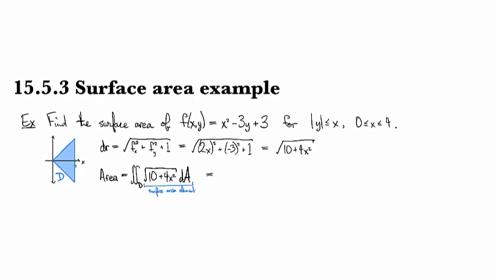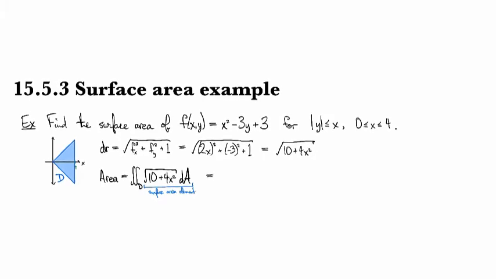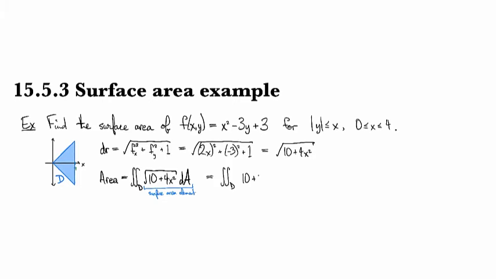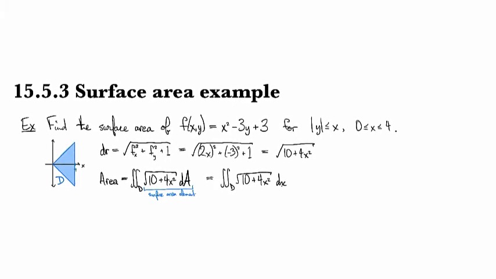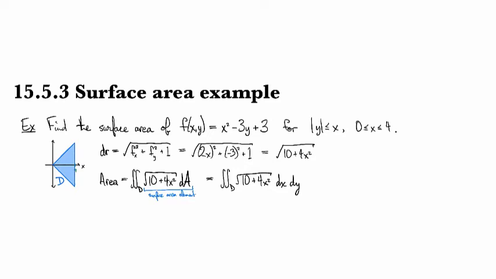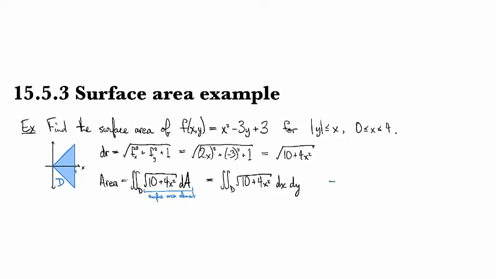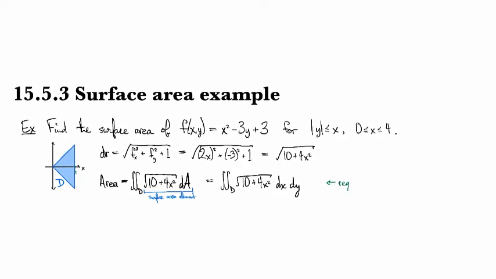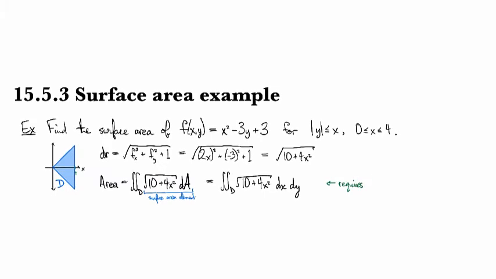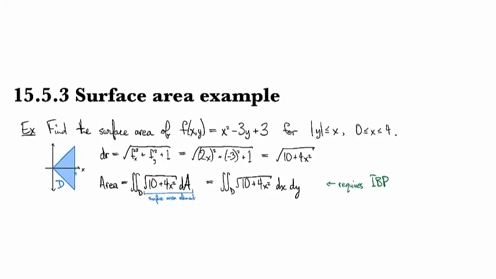Now if we set this up as an integral with respect to x first, then all hell breaks loose. This is not pleasant. This is going to require integration by parts.